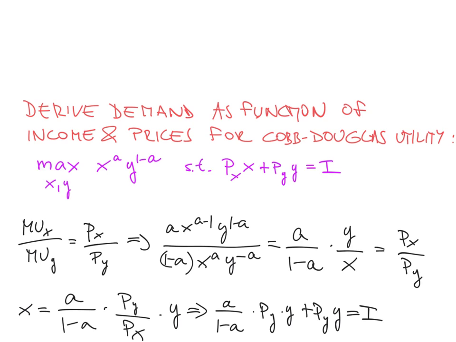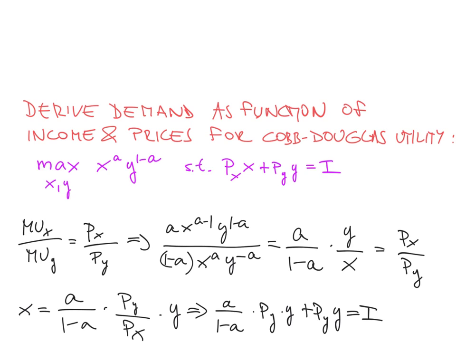Now, can't you imagine an even more general demand curve, where even if I didn't tell you the income level and the price of y, you would still be able to tell me, with income and the price of y as variables as well, what the demand for x would look like. And with that more general demand function, you would be able to tell me how demand for x will change if I change income or if I change the price of y, for example.